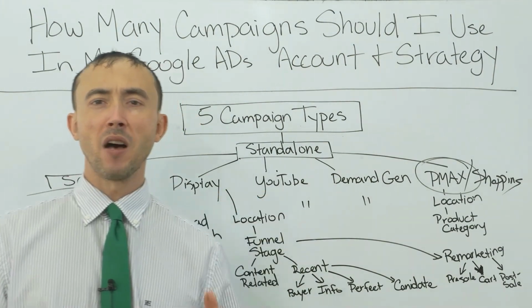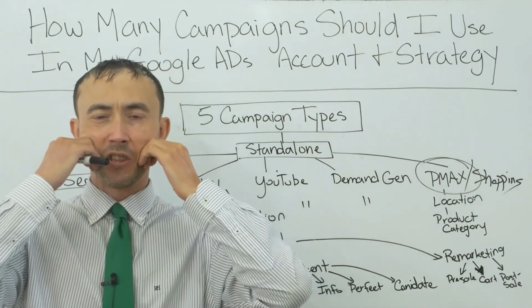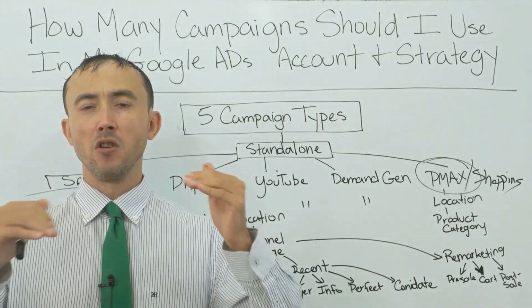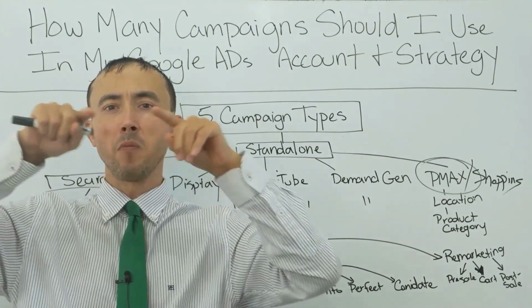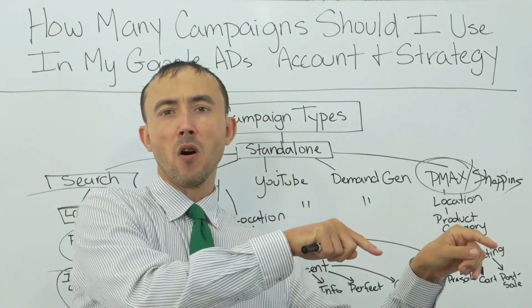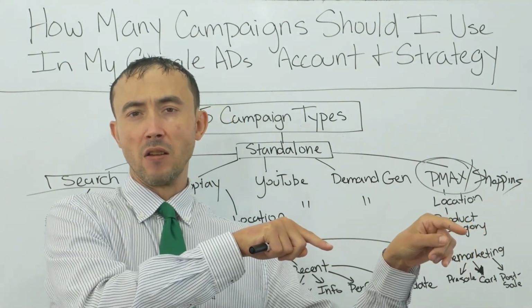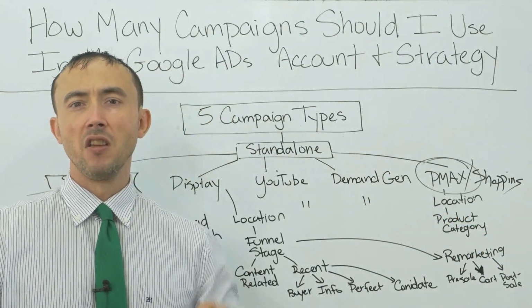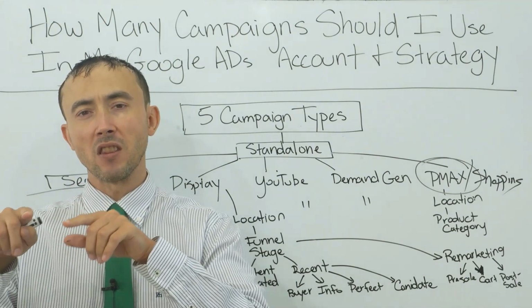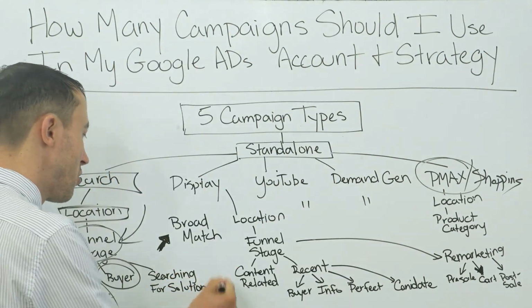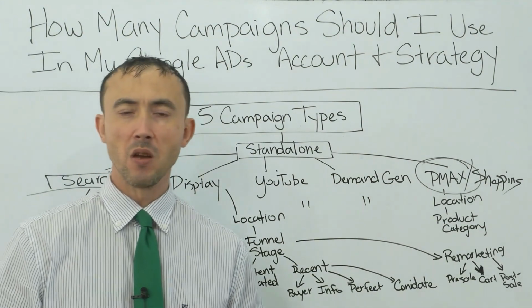So what you ultimately will have is, let's say you're targeting LA, going back to that Long Beach example, your campaign name should be like Long Beach buying search, Long Beach info search is what I call it. It's kind of in between a buying search and non-buying search. And then we'll have another campaign, if we want to get the absolute most we can, Long Beach searching for a solution, or solution keywords.